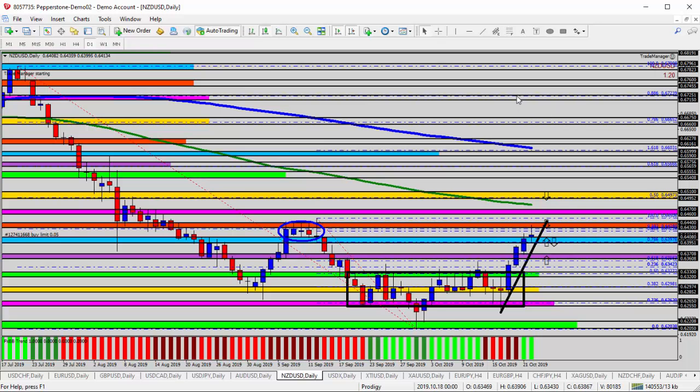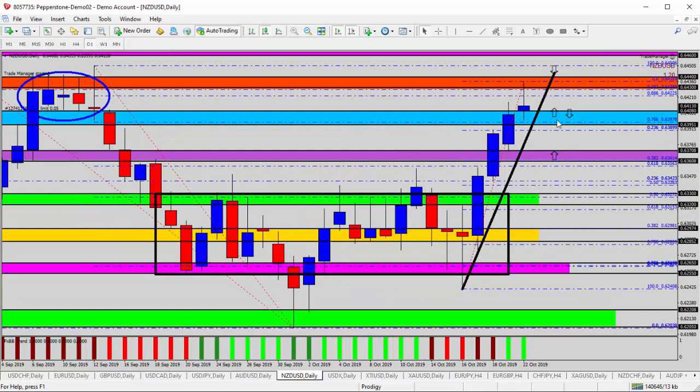Let's see. One more. Why not? It's not going to look a whole lot different than what we already have, but let's also take Fibonacci from the low of the black trend line to the current resistance high. And that also brings some Fibonacci to overlap right there around the blue shaded area. So we're kind of stuck between Fibonacci here at the blue zone and the orange shaded area.